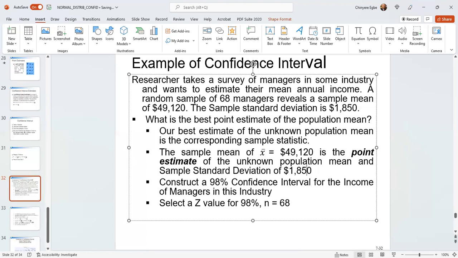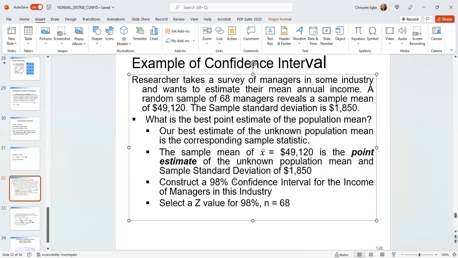We are asked to construct a 98% confidence interval for the income of managers in this industry. Now, this 98% confidence will come from your normal distribution table. And after we do this example, we'll go and do the homework assignment so that you can see what we mean.